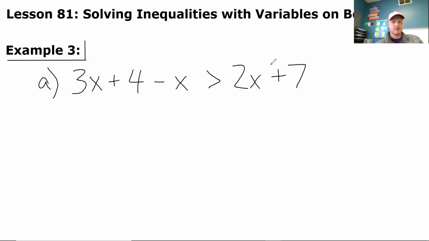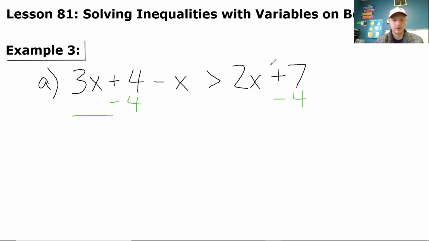First things first, I'm going to subtract 4 from both sides. It doesn't matter if you subtract 4 or if you combine your like terms first. Whatever you do, just make sure you do it in the correct order because it is all the same under the rules of PEMDAS.